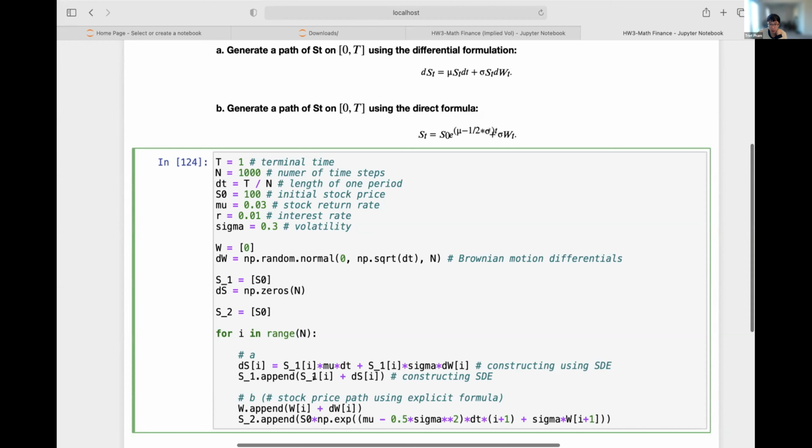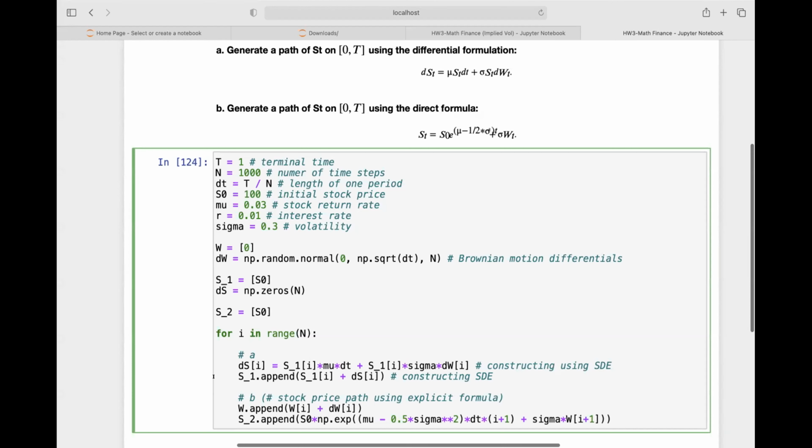She starts with a list of initial stock. As you move time forward, you calculate the dS for that time interval, and then you add it to the previous stock price to get the next stock price, and then feed it back to the loop.